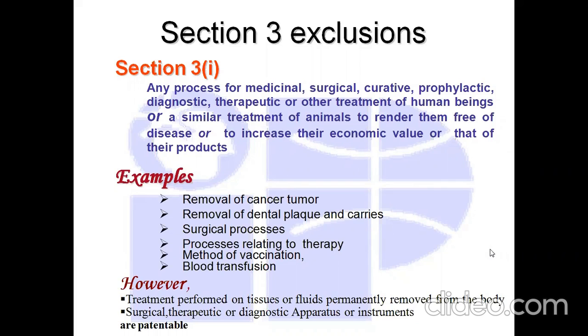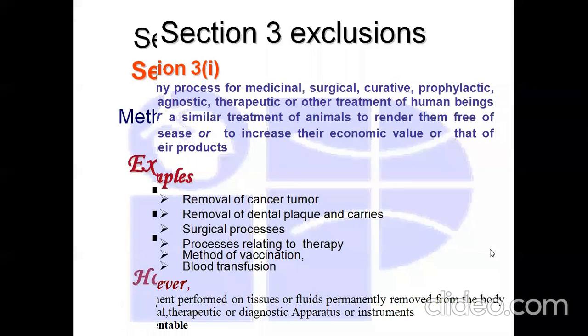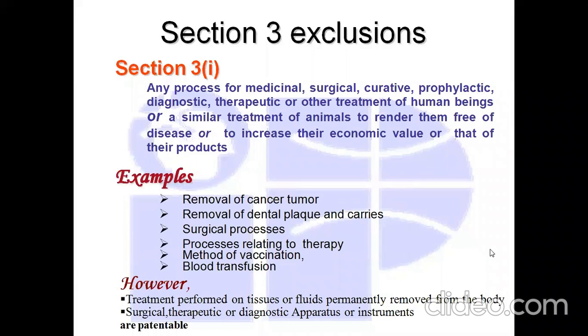Surgical, therapeutic and diagnostic apparatus, meaning instruments, are also patentable, just as agriculture equipment is, because they are mechanical forms with some electrical parts, or IT or CS, meaning the programming or coding part. You can patent it.